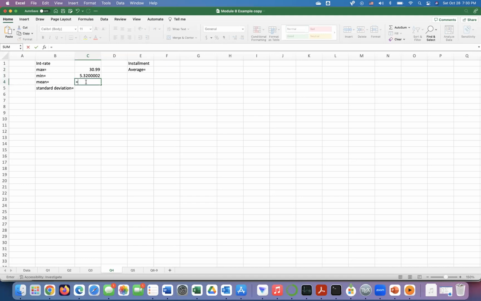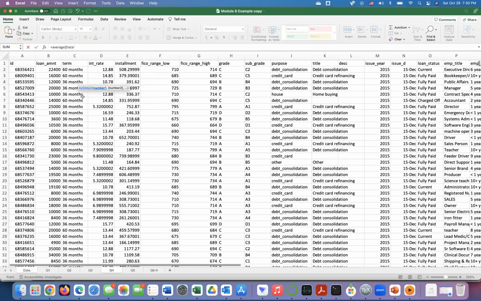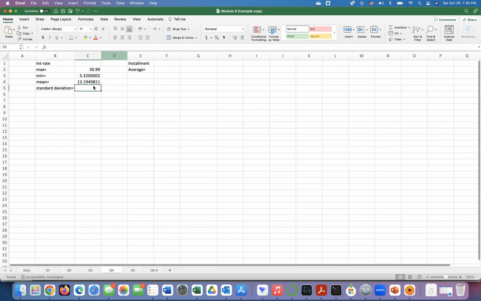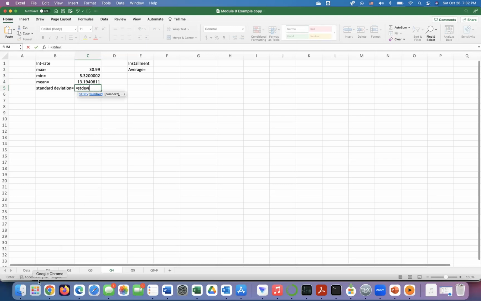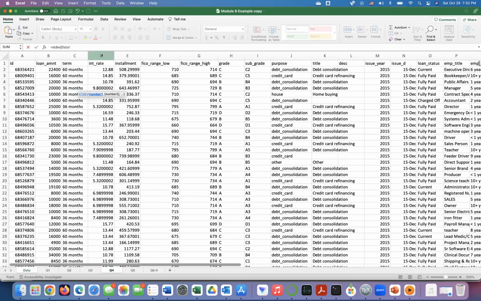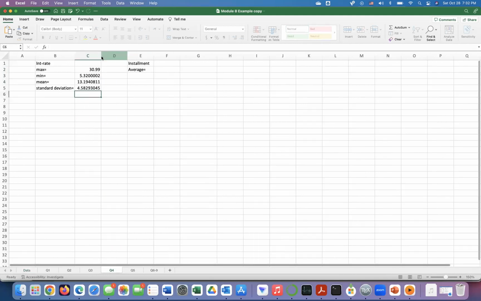Mean is going to be equals average. 13.19%, and last one is standard deviation, STDEV. So we got everything here.